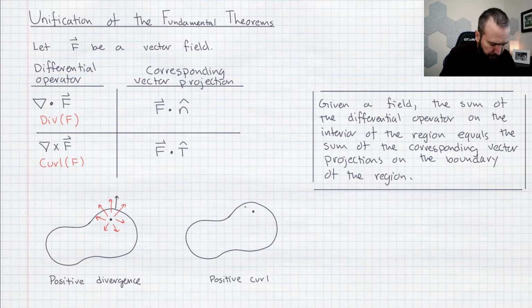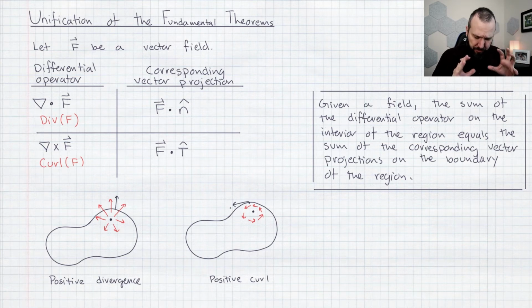And likewise, in this picture, suppose that I had positive curl at this point. So I have a whole bunch of vectors curling around here. And then right here at this point, if I drew a unit tangent vector on the boundary, you can see that it would be going in the same direction as that positive curl right there.